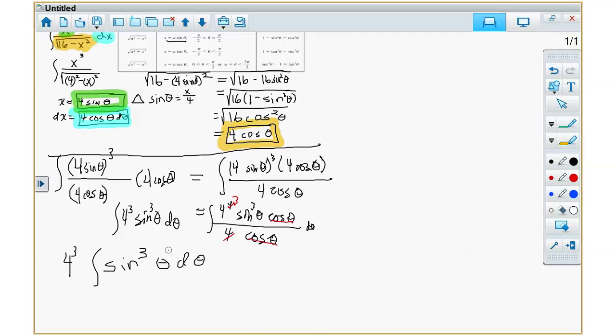What do you do with the antiderivative of sine cubed theta? From the previous section, what do you do? Well, you erase the 3, and you get cosine theta, and then you get 4/3 times cosine theta, right? Just erase the little 3 right there.